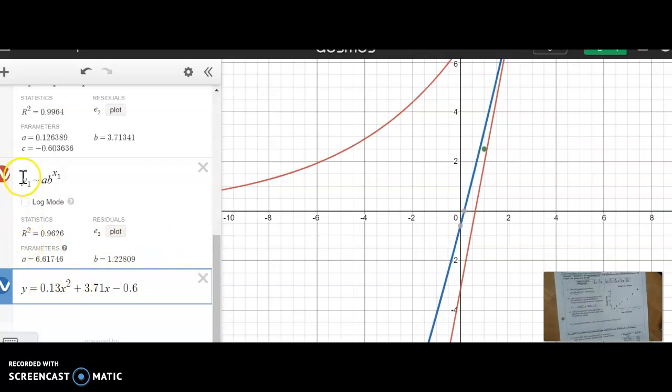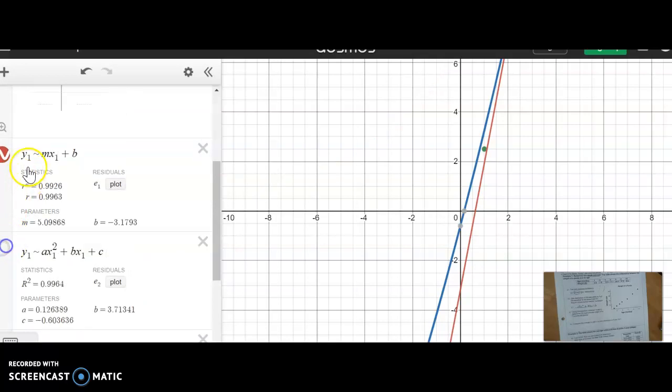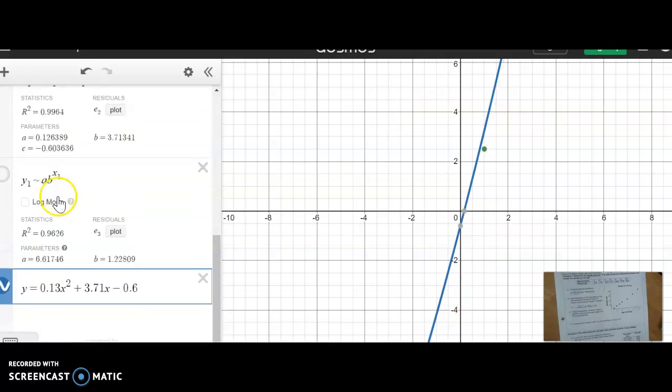And I'm going to turn off these other equations. So I have my quadratic regression to mimic the age and weight of a panda.